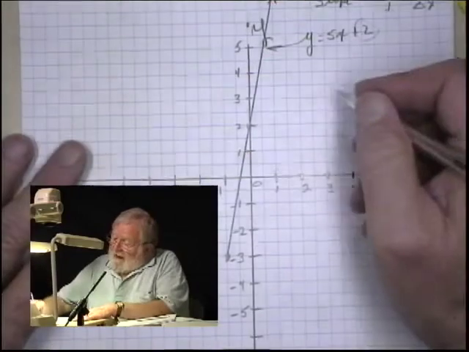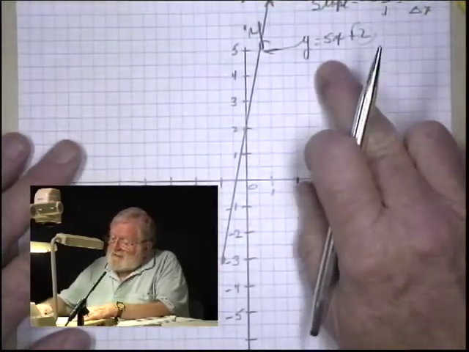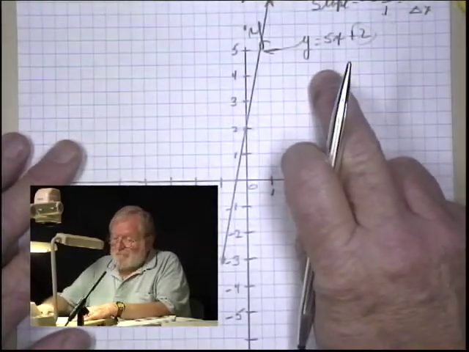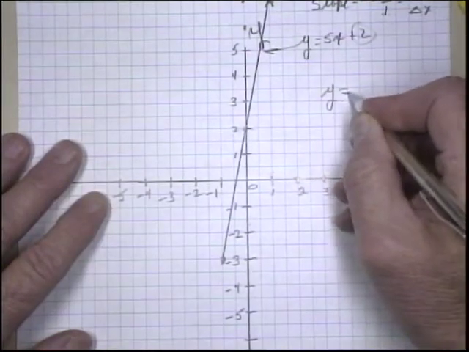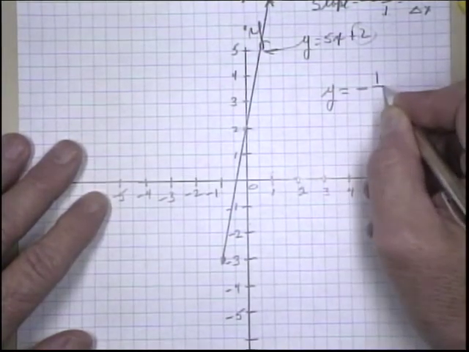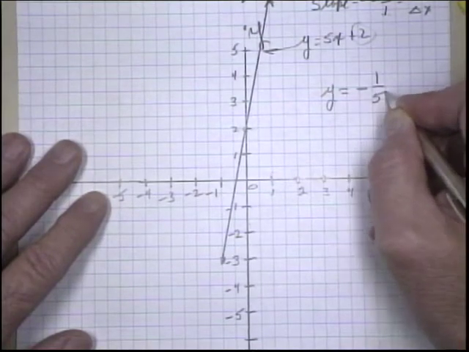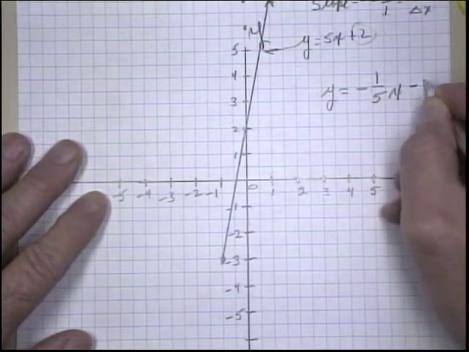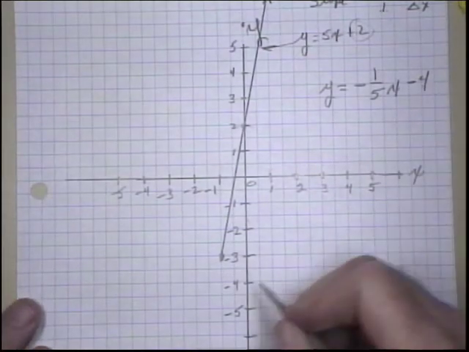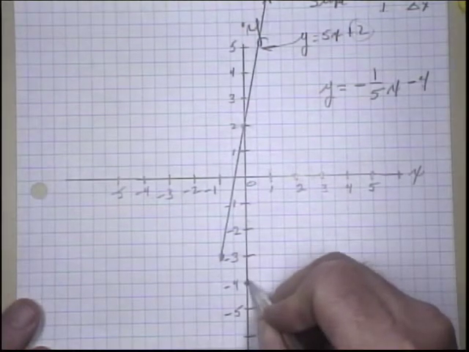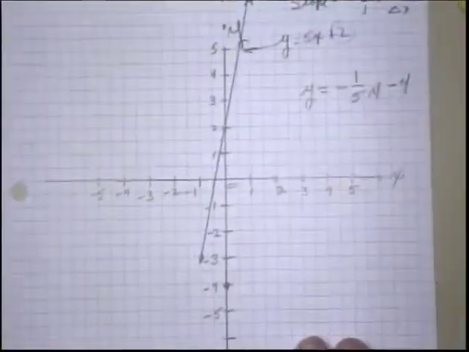Now we'll graph a line that has a slope that's the negative reciprocal of this. The line was y = -1/5 x - 4. So our intercept is going to be -4. That's right here. Let me extend these lines.